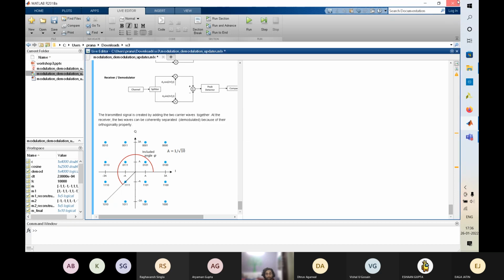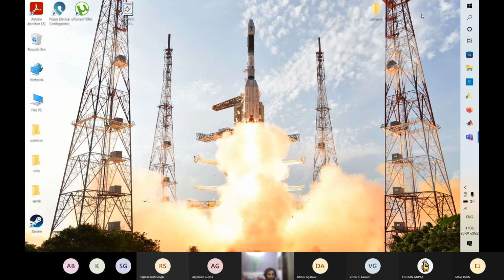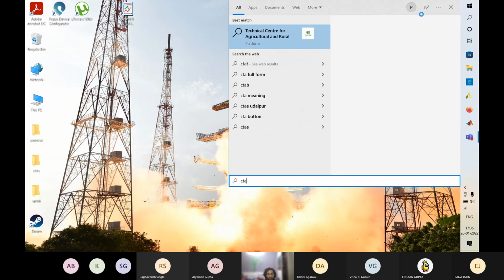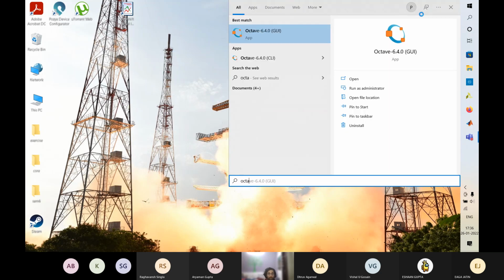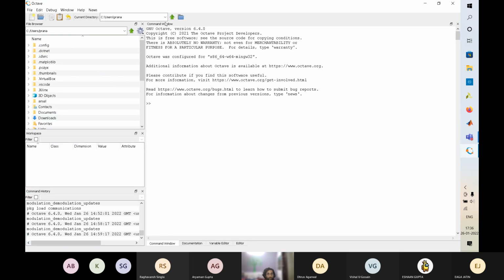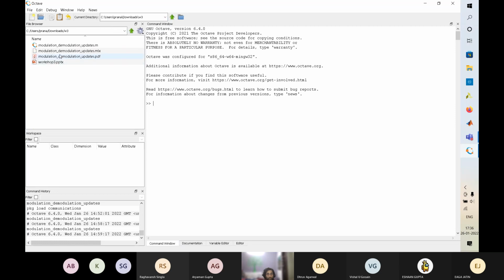Just a few minutes more, I will simulate the same thing in Octave also. First you have to go to the folder. This is the folder I am using.